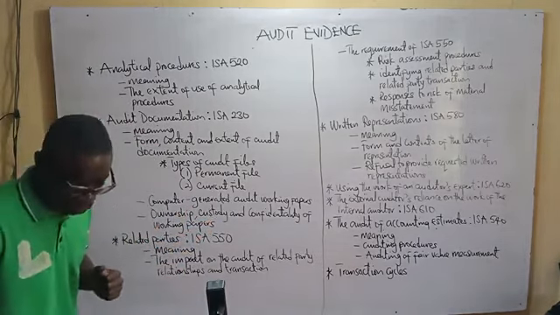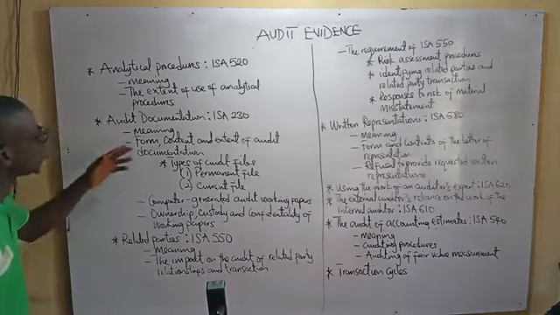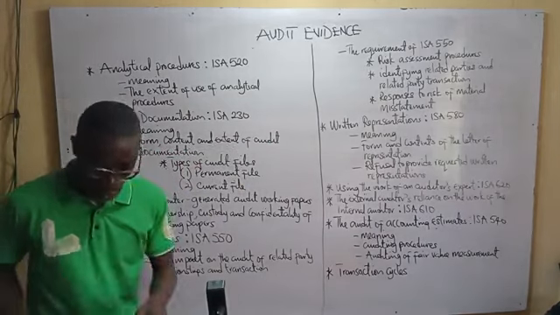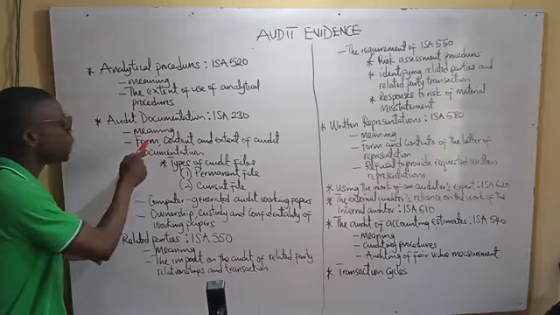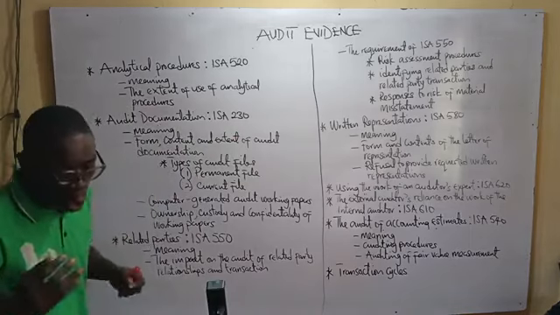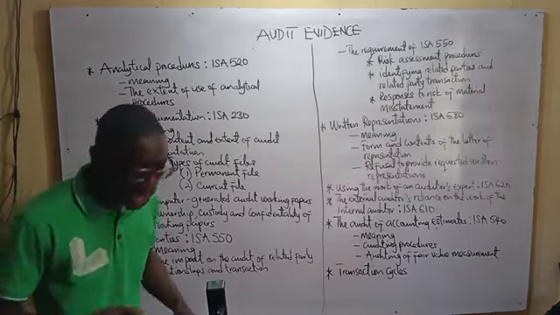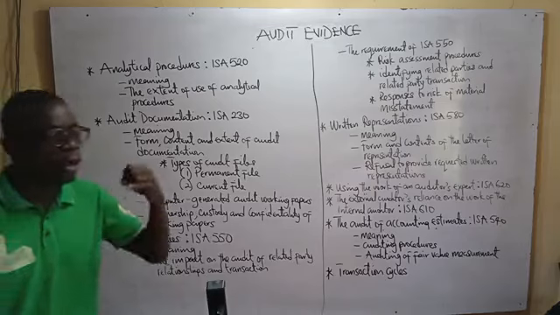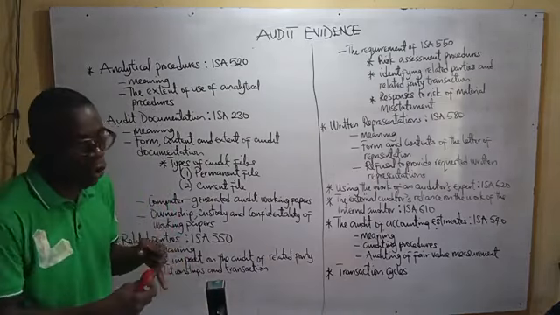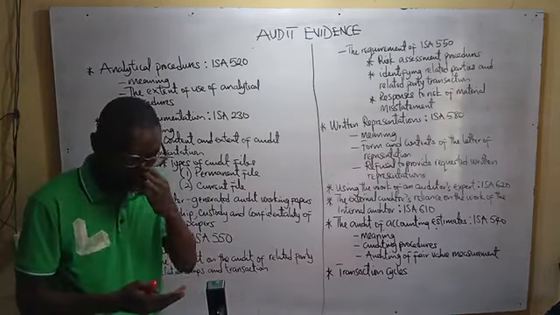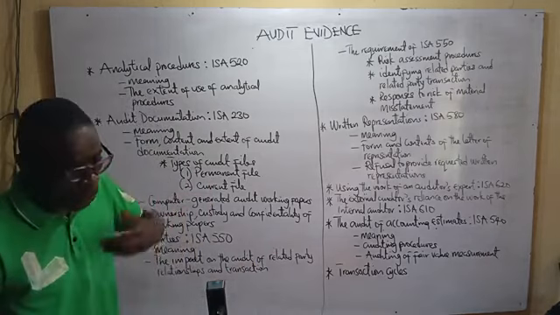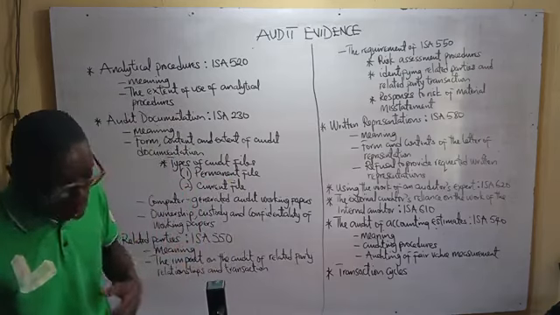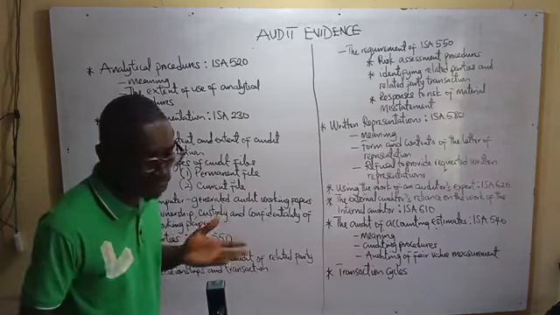So let's continue now. Let's go to the forms, content, and extent of audit documentation. Now, the forms of audit documentation can be recorded on paper. It can be electronic, maybe on flash, on CD, or other media.